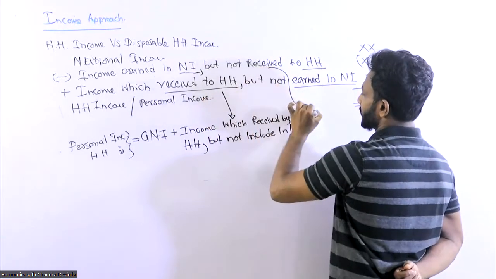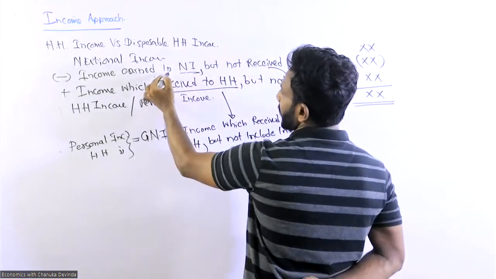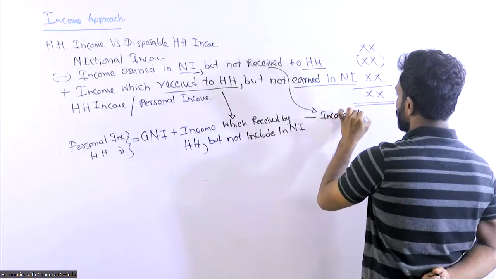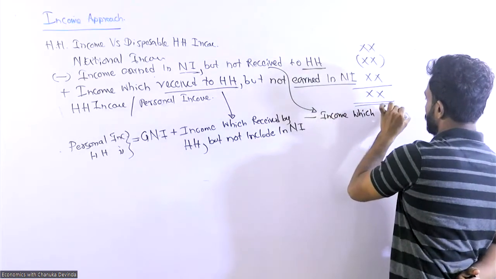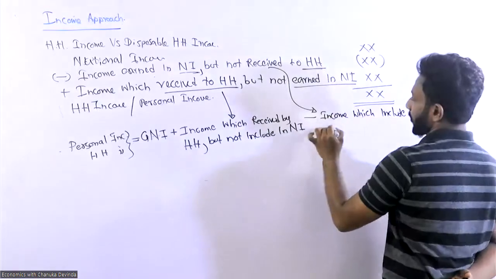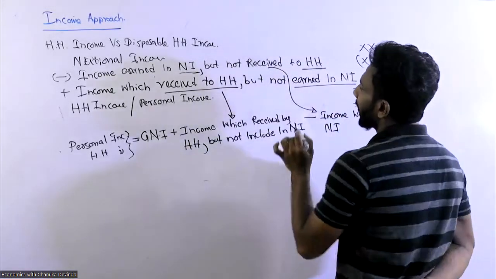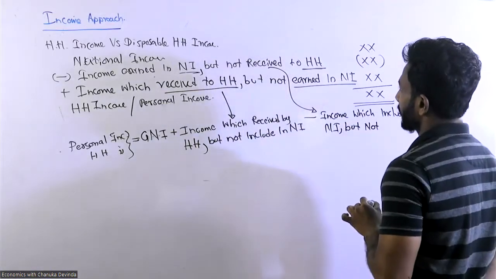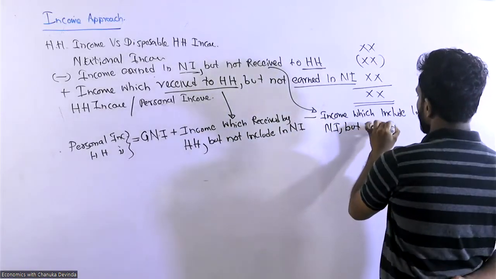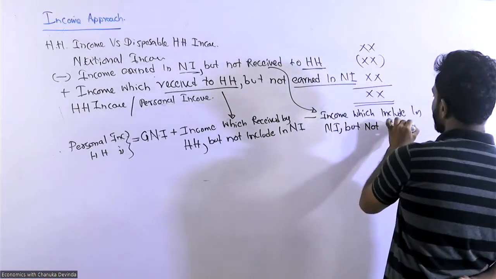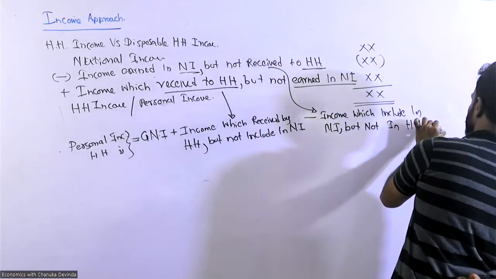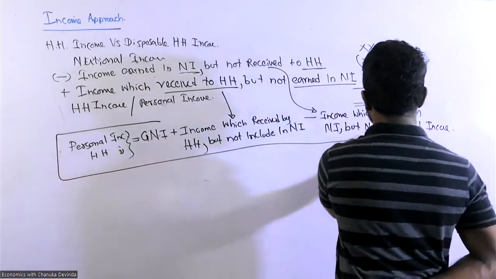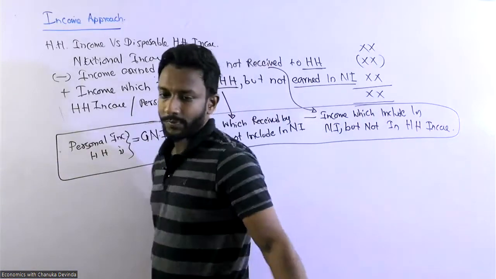And this should be minus income included in national income, income which is included in national income but not in personal income or household income, right? So this should be the second box, right?